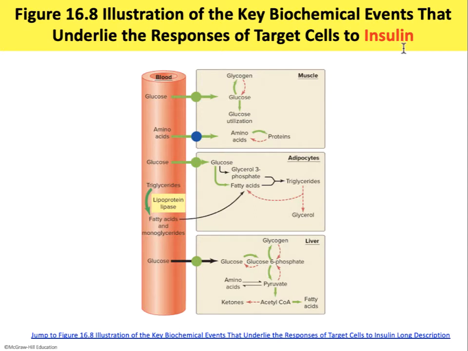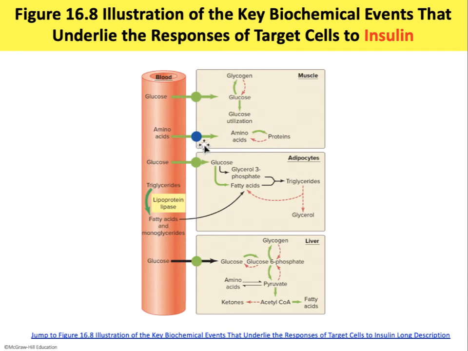In muscle cells, insulin results in the importation of glucose, and that glucose can either be converted to glycogen for later utilization or immediate utilization for driving the momentum of muscle cells, the mechanical components.